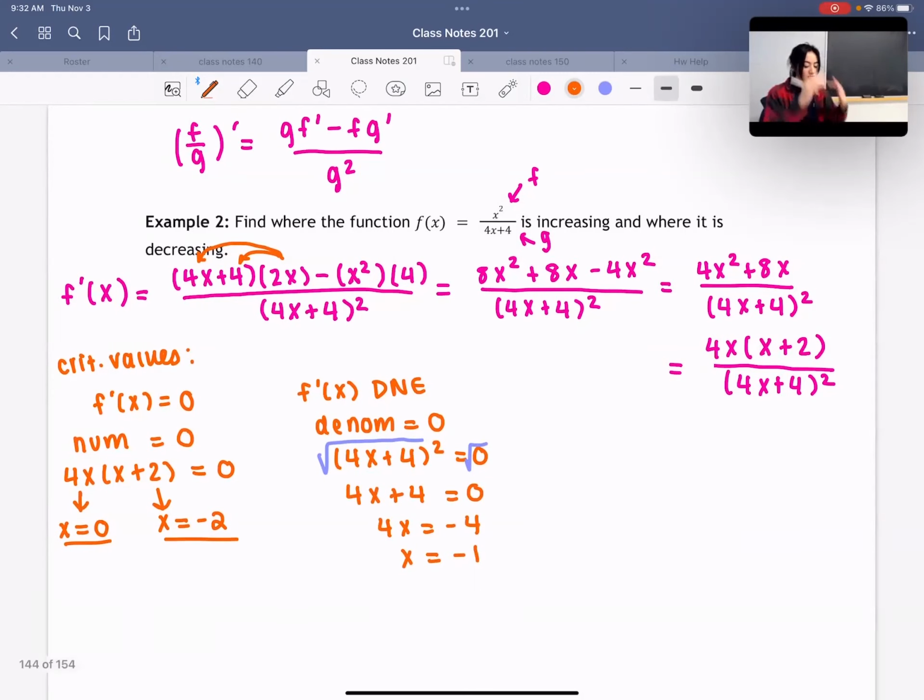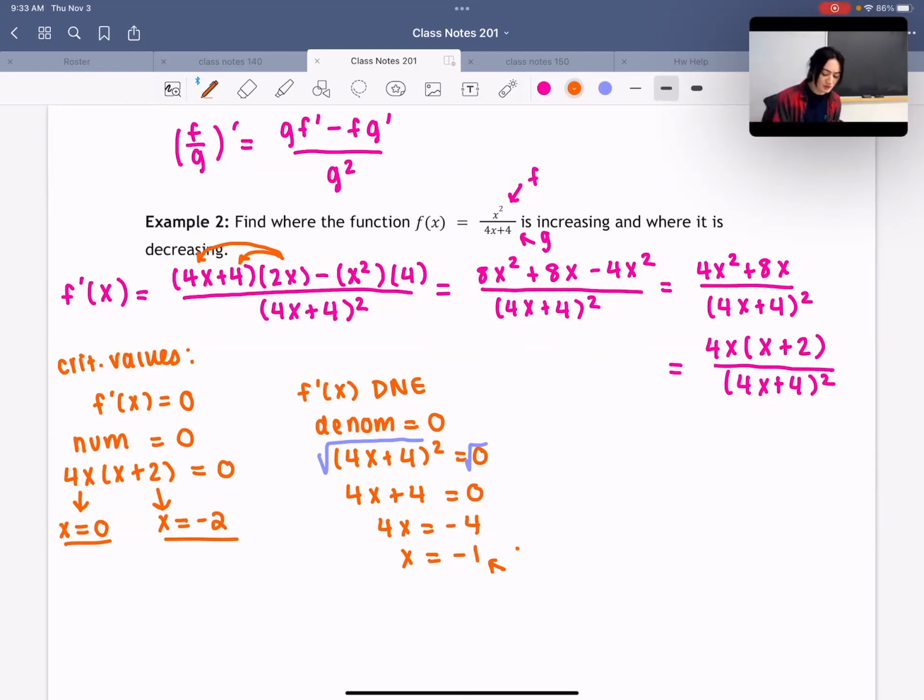Now remember, critical values is where the function exists and where we have either the derivative equaling 0 or the derivative does not exist. So is x equals negative 1 a critical value? No, and why not? The original function doesn't exist.